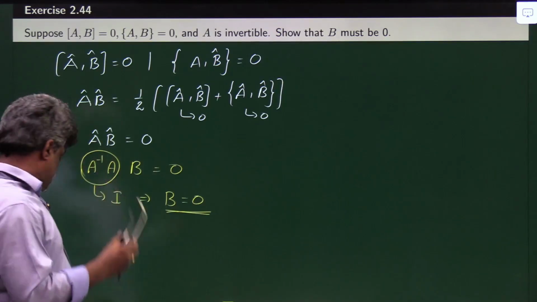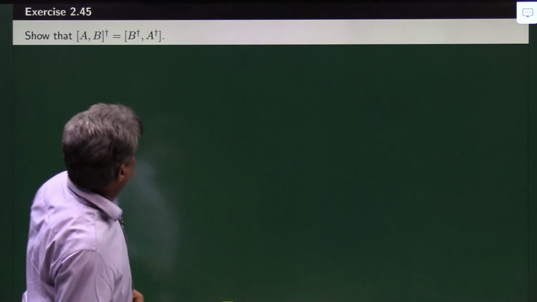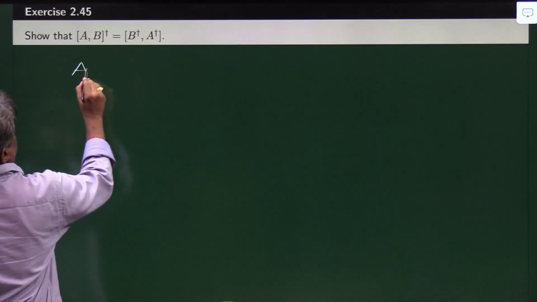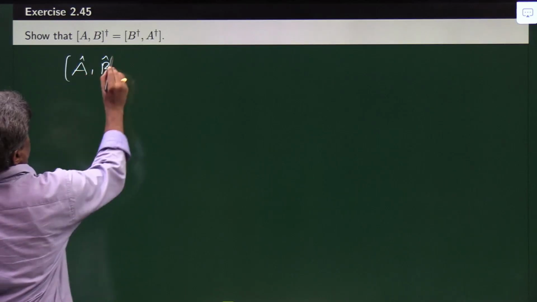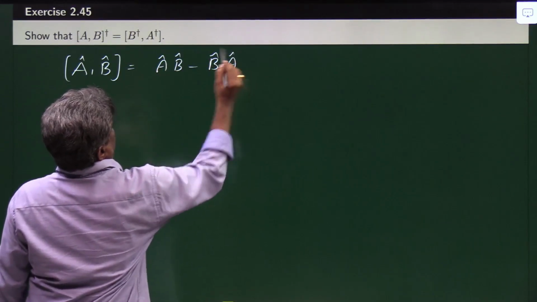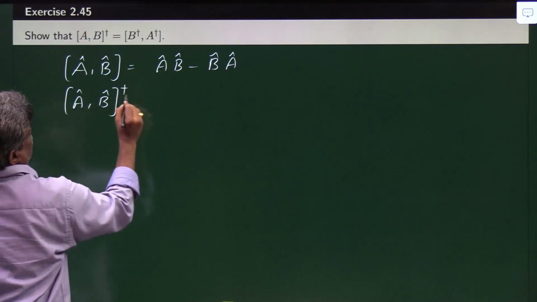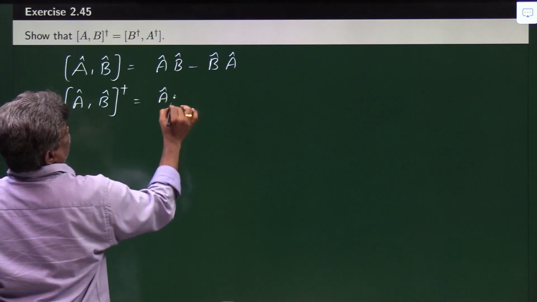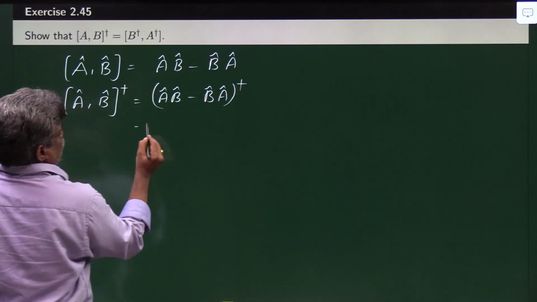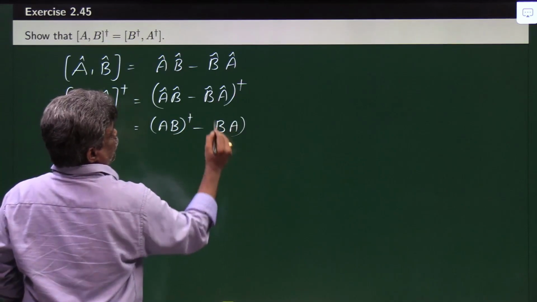Right. So our next question: the commutator [A, B] whole dagger equals [B dagger, A dagger]. This is also easy. The commutator is defined as AB minus BA. Now let us apply the dagger, that means the Hermitian conjugate. Then this is AB minus BA whole dagger, which is (AB) dagger minus (BA) dagger.